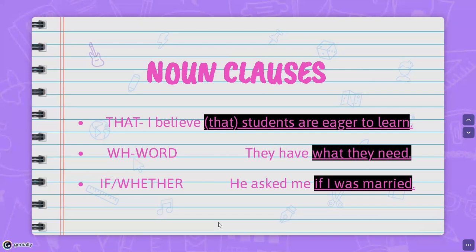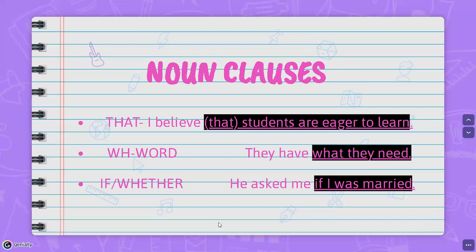If you look at these three examples, in the three examples, the noun clauses perform the function of direct object. I believe, and check how they are equivalent somehow to nouns. I believe something, right? I believe that students are eager to learn, or they have something, what they need.